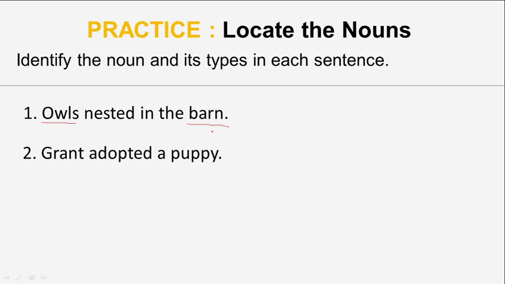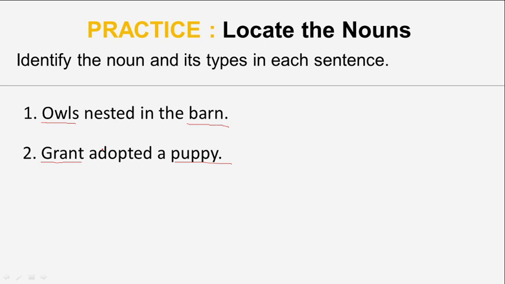Next, number 2. Grant adopted a puppy. Let's identify where the nouns are in this sentence. Okay, very good. We have Grant and puppy. Let's start with Grant. What type of noun is Grant? Is it a common or a proper noun? Very good. It is a proper noun because it is a specific name.